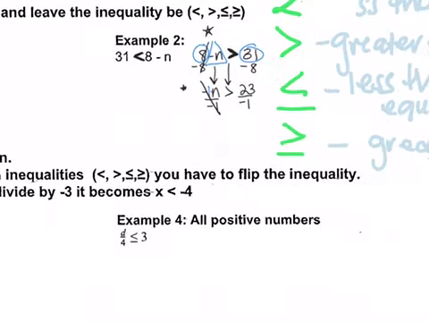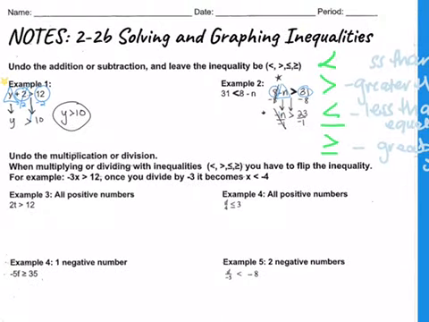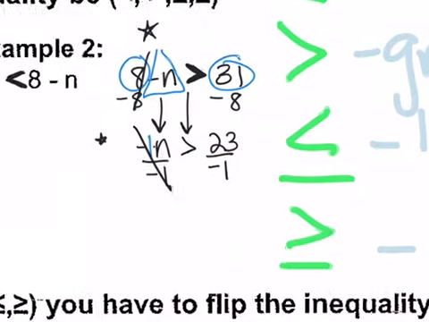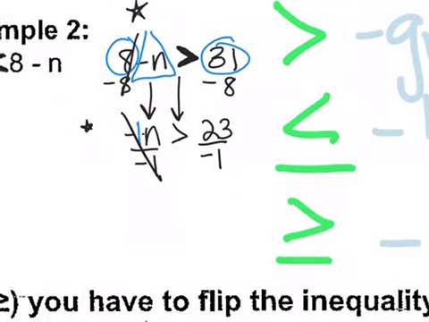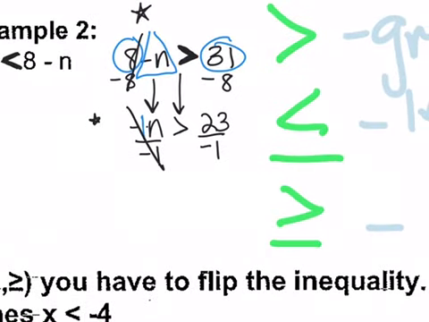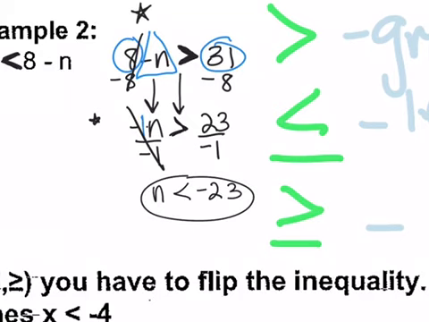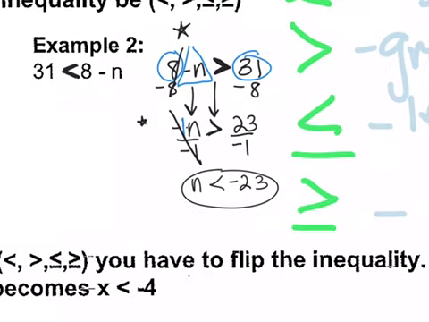If you divide by -1, so we'll get to this here in just a second, but there's a rule. If you're dividing by a negative, your sign in the middle doesn't like that. So when you divide by a negative, it flips that sign around. And that's the only time that happens. Only time that happens is if you divide or multiply by a negative.